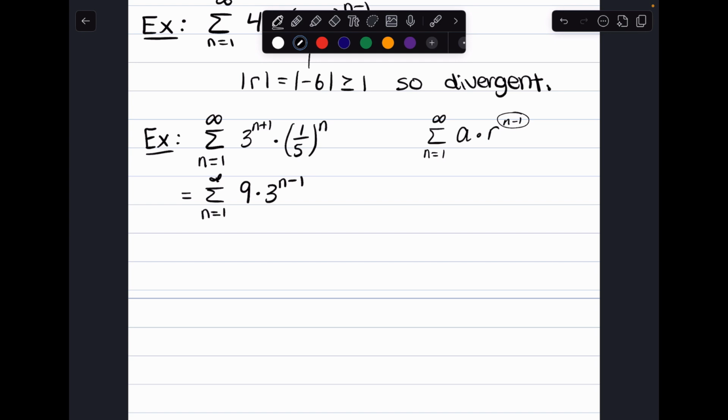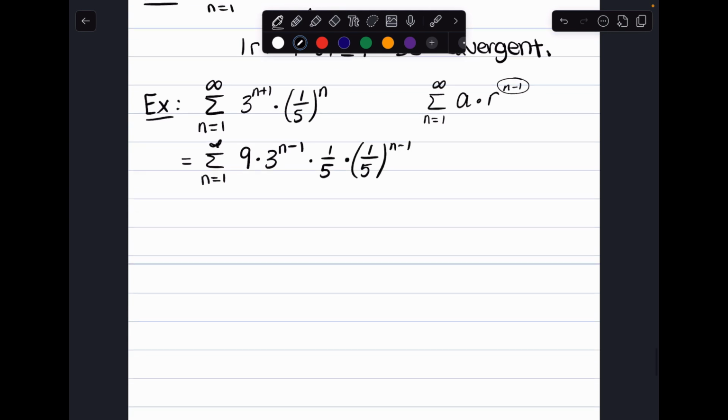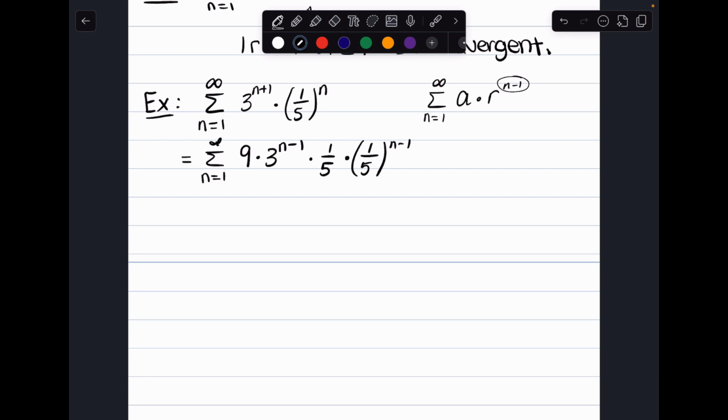If I pull out a factor of 1/5 from this 1/5 to the n, I would then be left with 1/5 to the n minus 1. Now at this point, I have the same exponent, so I can multiply the bases together using properties of exponents. And I would end up getting 9/5 times 3/5 to the n minus 1.